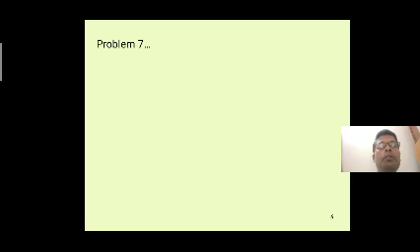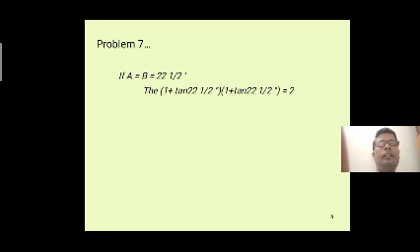Okay, now the second part of problem number 7. If A equals B equals 22 and a half, then (1 plus tan 22 and a half) into (1 plus tan 22 and a half) is equal to 2.